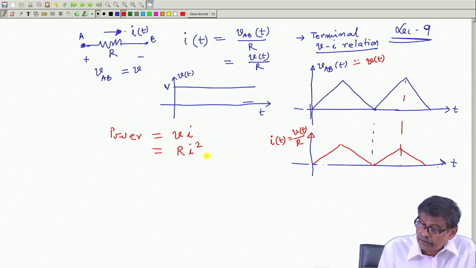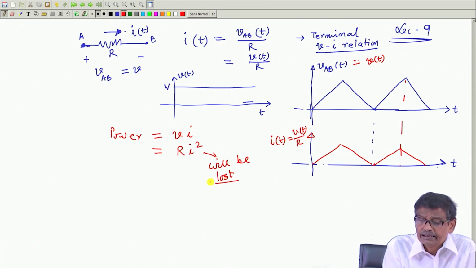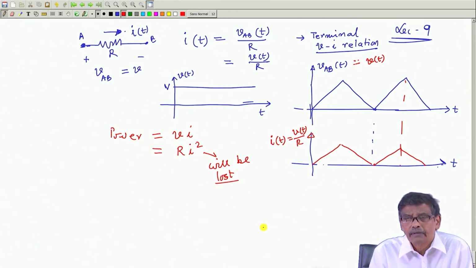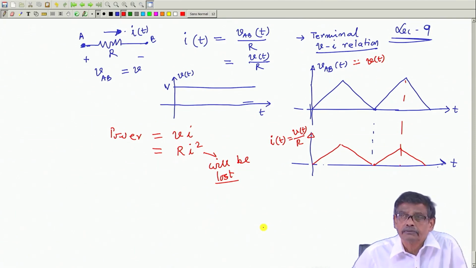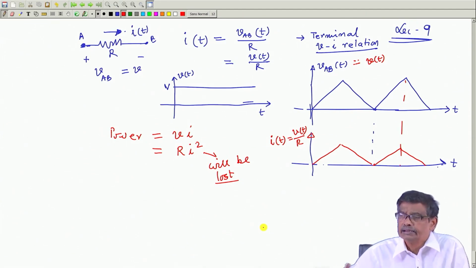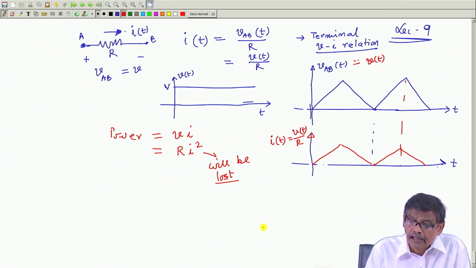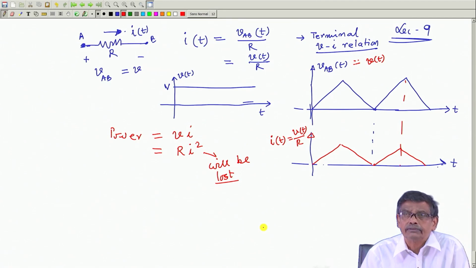Now, this power will be lost, and a resistance always receives power and dissipates it in the neighborhood. Whatever power you input to a resistance gets immediately dissipated as heat. Therefore, it is not an energy storing element.